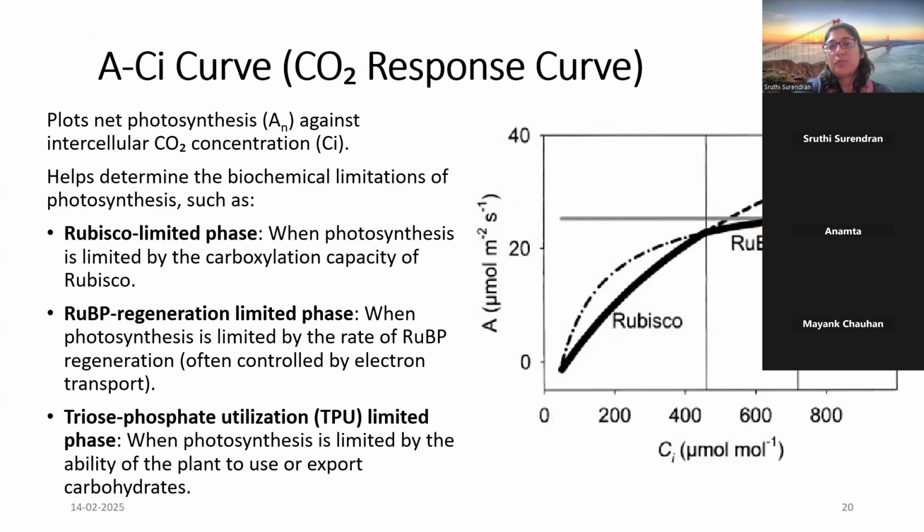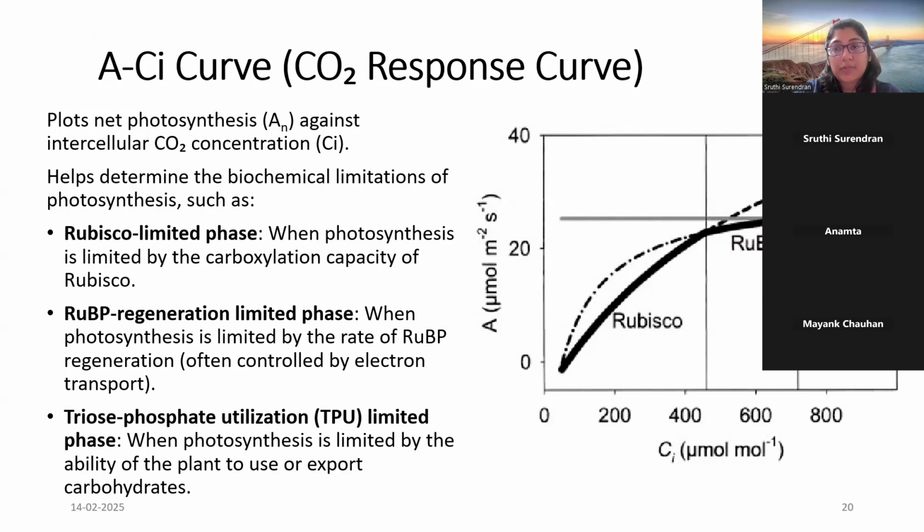Then again, when the curve goes flat after a particular value of intercellular carbon dioxide concentration, it is because of the triose phosphate utilization rate. Here again, whether the leaf has high activity of Rubisco, or high affinity for carbon dioxide, or whether RuBP regeneration is happening sufficiently, it doesn't matter.